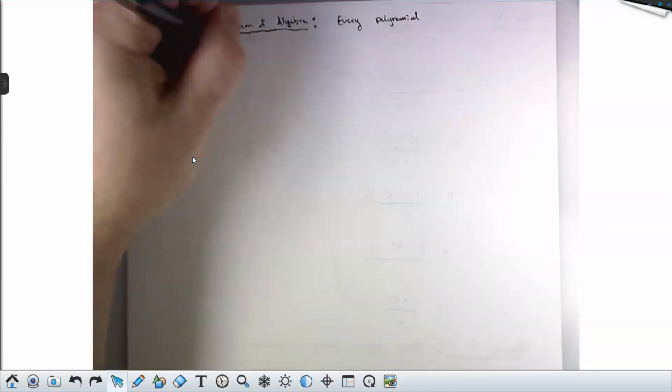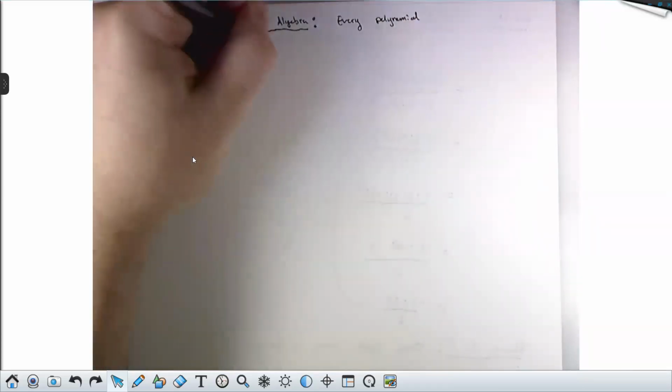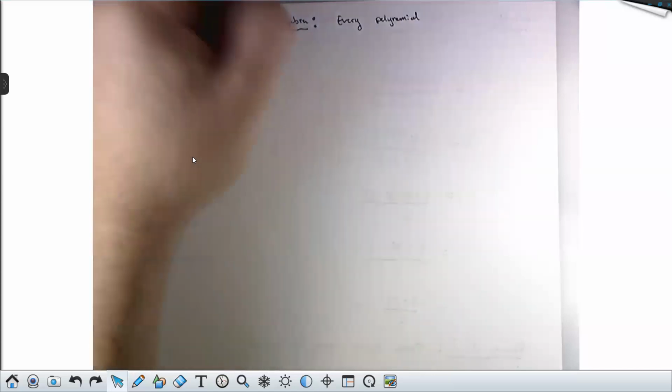Every polynomial P of x equals a_n x to the n plus a_(n-1) x to the n minus 1 plus ... plus a_1 x plus a_0.